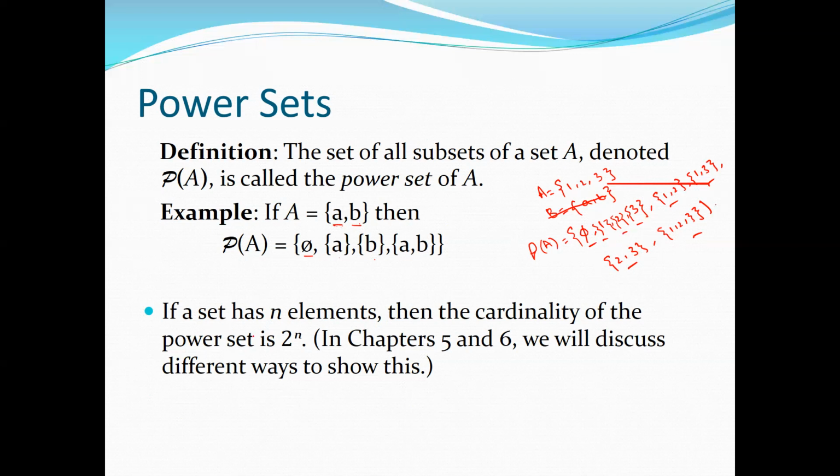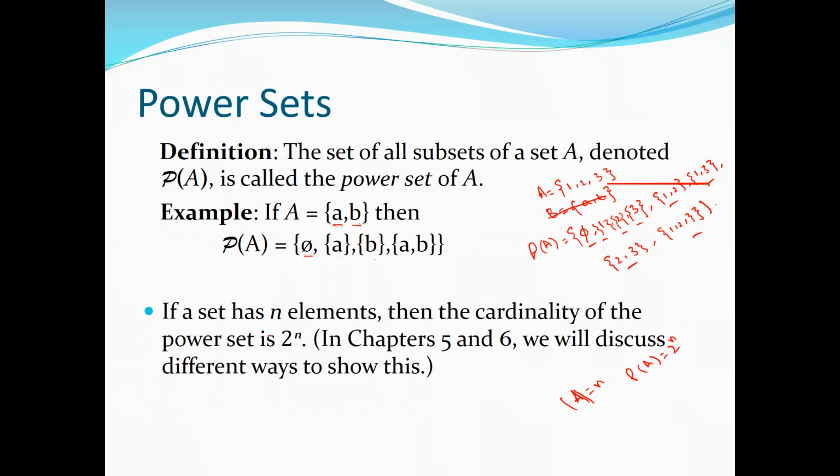So if a set has n elements, then the cardinality of the power set is 2 to the power n. If the set has 2 elements, we have 4 subsets in the power set. But if the cardinality of set A is 3, we have 8 sets. So similarly, if the cardinality of set A is n, then the power set of A will have 2 to the power of n elements, right?